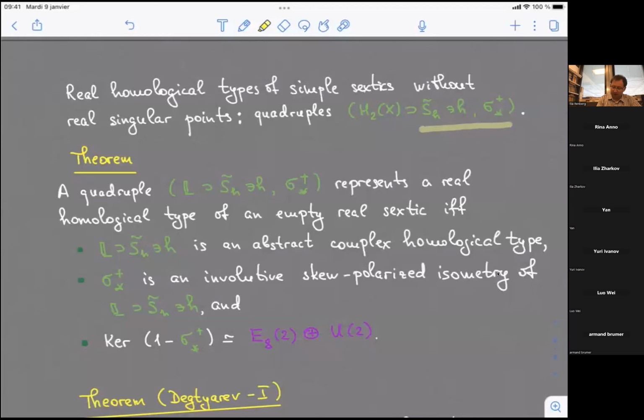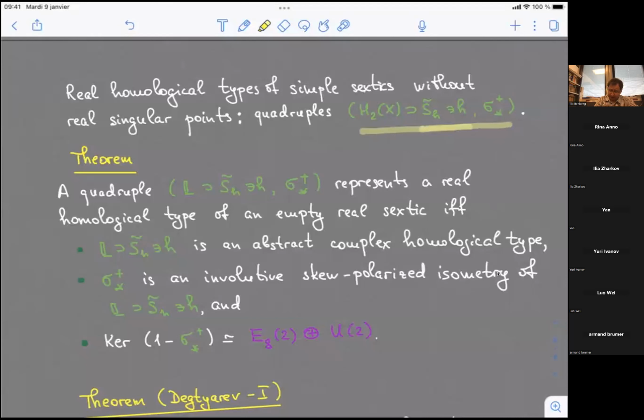So now I consider such a quadruple, and once again, considered up to isomorphism, such a quadruple is what is called the real homological type of the simple sextic.